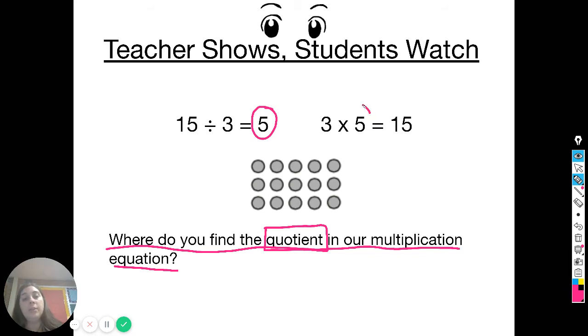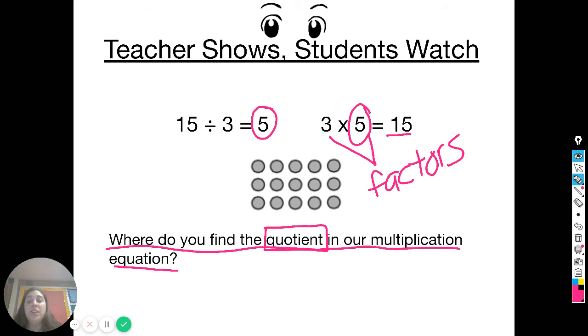Well, if you look, here is the 5. If you recall correctly, these two numbers are our factors. They're the numbers that get multiplied together to find the product or the answer. So we see that the quotient in our multiplication equation ends up being one of the factors that we multiply in our multiplication equation.